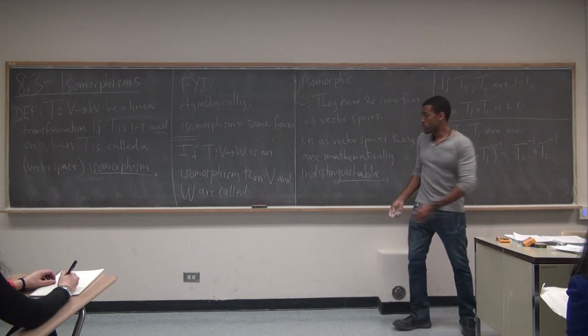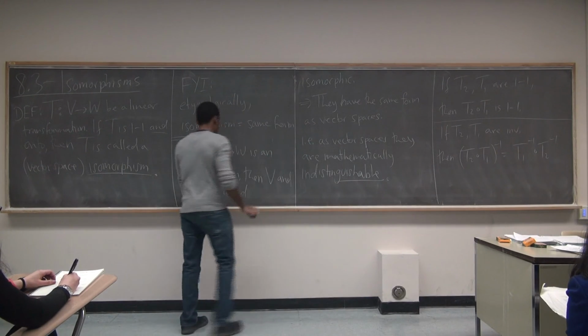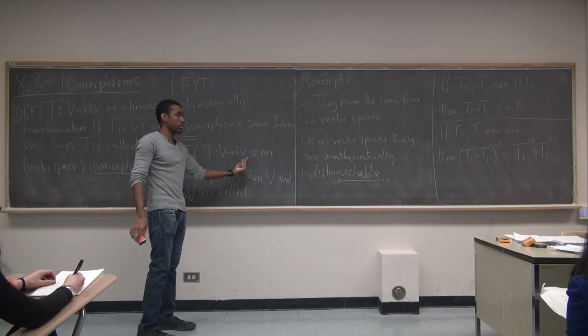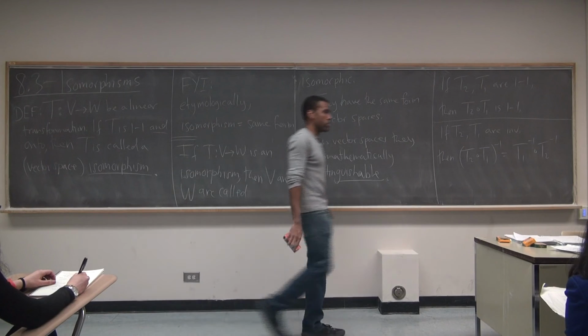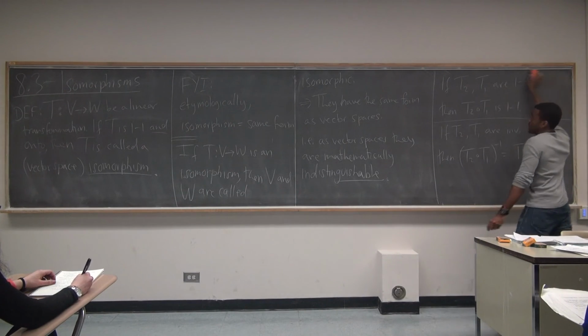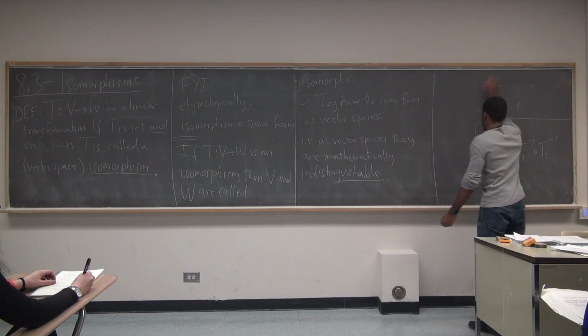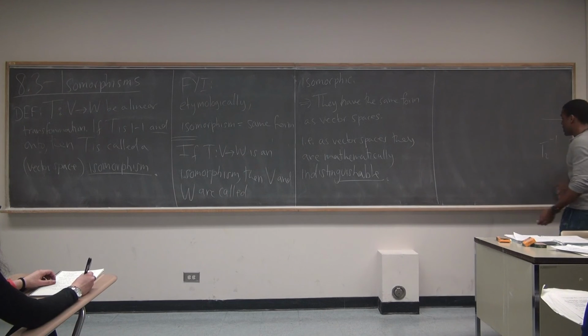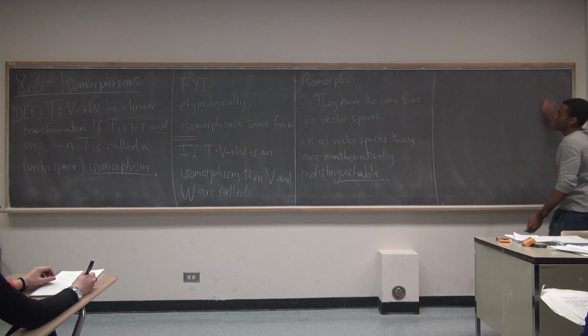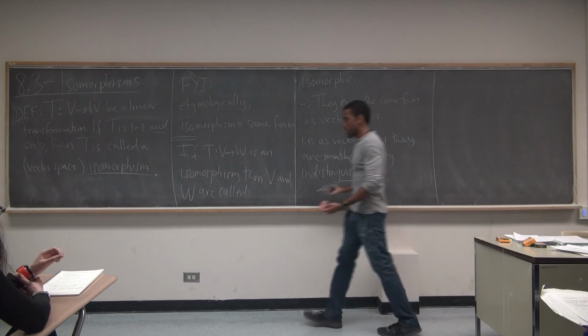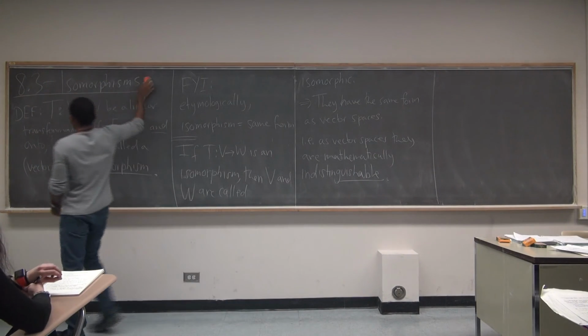Now that's a super useful property because it means that if I know about one vector space and I know it's isomorphic to something else, knowing everything about this is the same as knowing everything about that. There's literally no difference. The elements, sure, the elements might look different, but really, mathematically, there is no difference between the two.